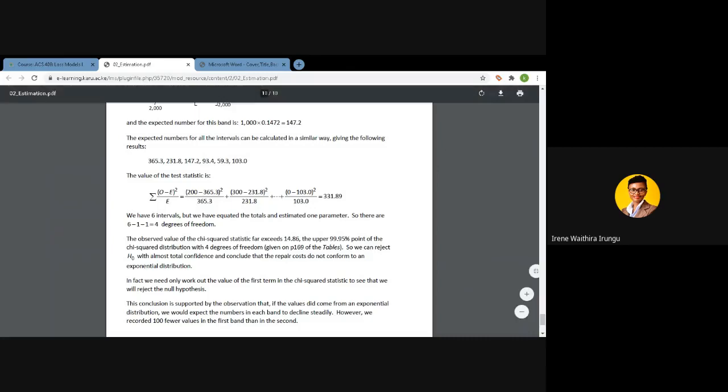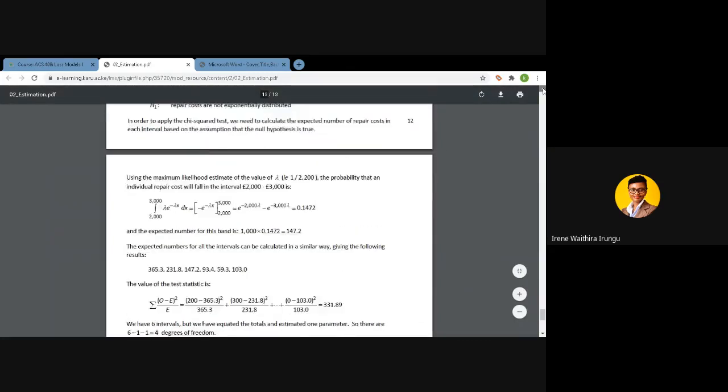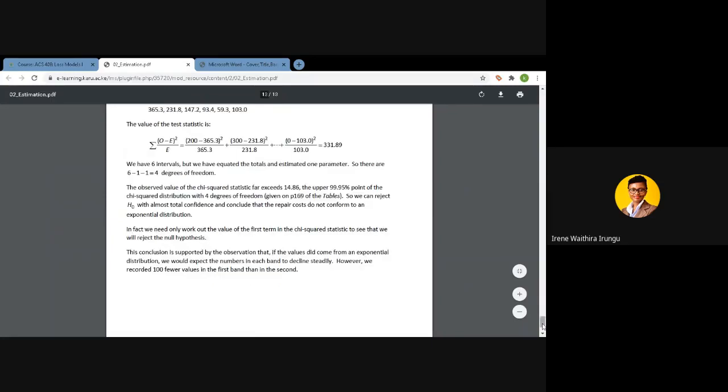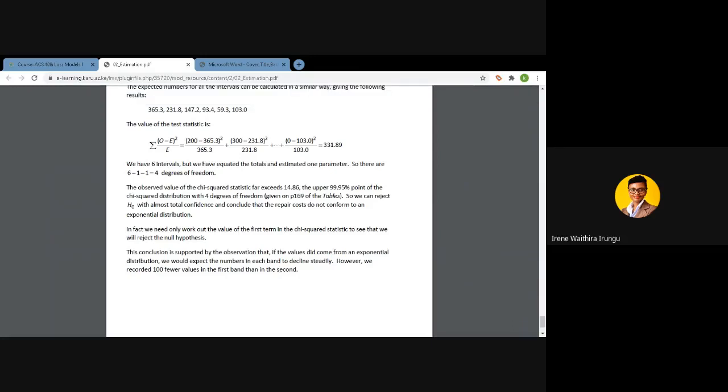And by rejecting the null, remember what he had stated, we are simply saying that the repair costs do not conform to the exponential distribution, or they do not follow the exponential distribution.